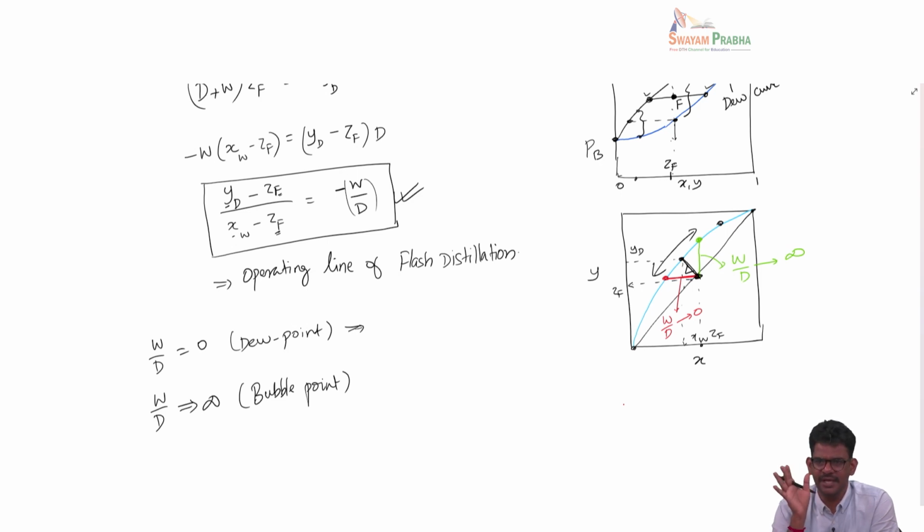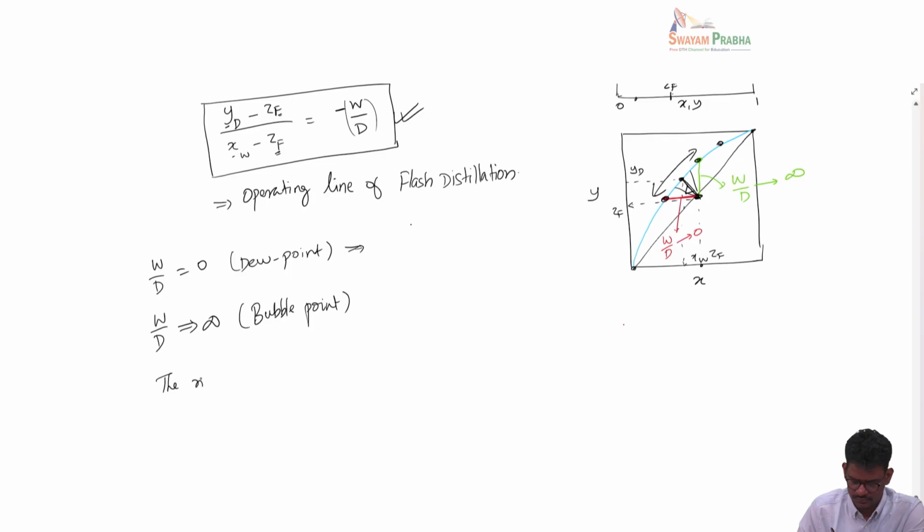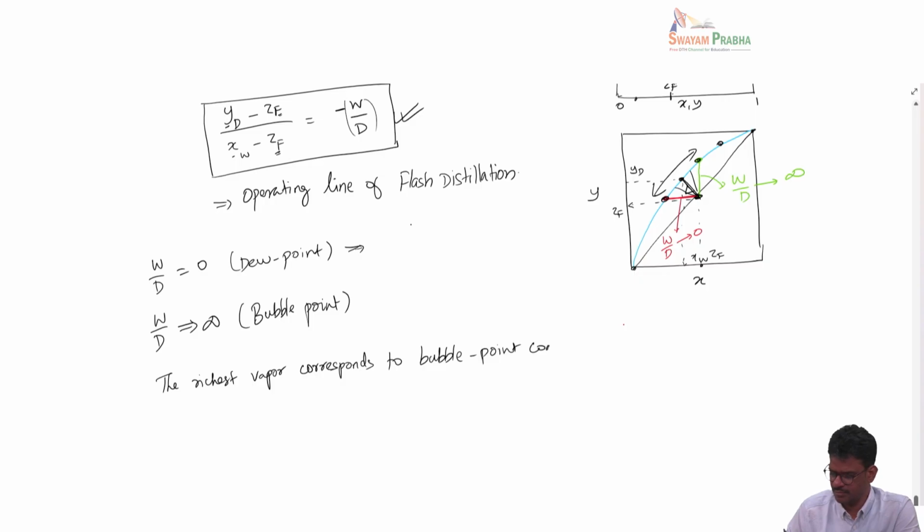So you are asking in a single stage, what's the maximum composition I can achieve? The maximum Y is this, and the minimum X is this. Okay, and you can have anything between. You can have a range of slopes depending upon how much fraction you are vaporizing. So we can make the following statement: the richest vapor corresponds to bubble point composition.